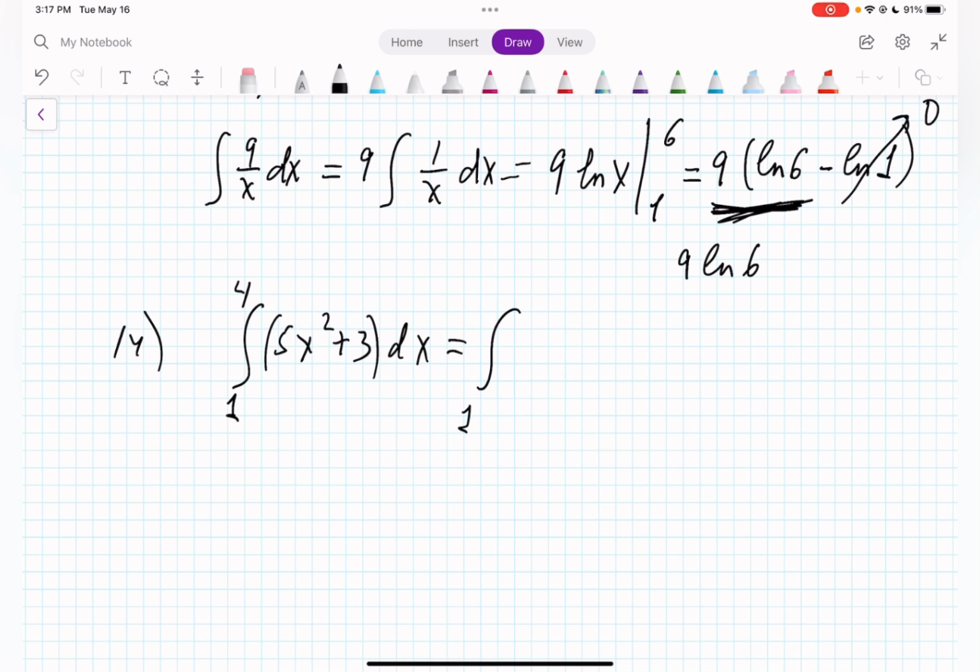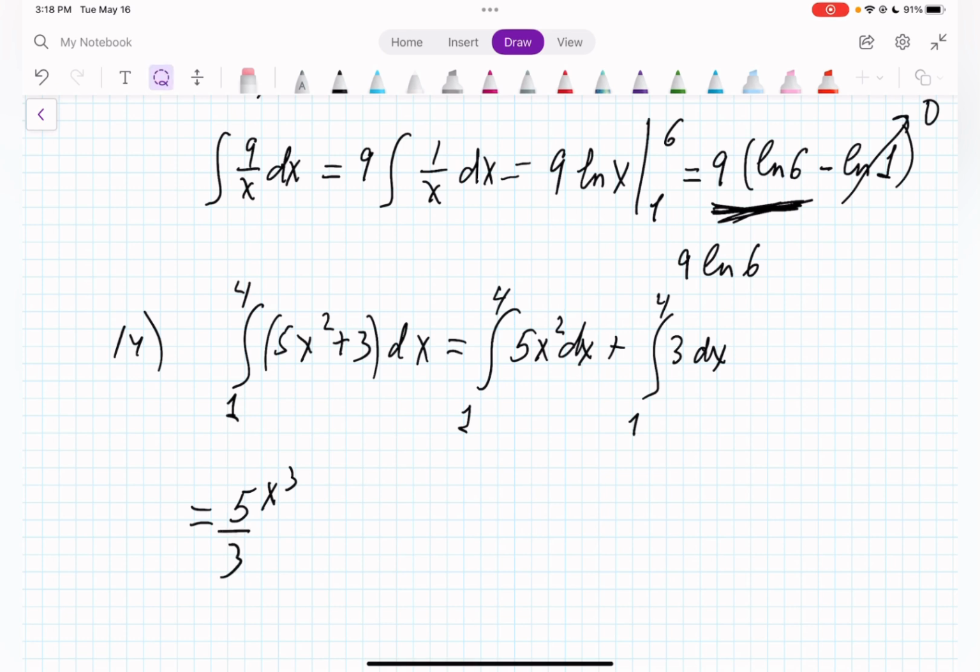1 and 4. This time I'm going to go step by step again. 5x squared dx, and then plus 1, 4, 3 dx. So we get 5x squared, it's going to be 5 x cubed over 3, right?